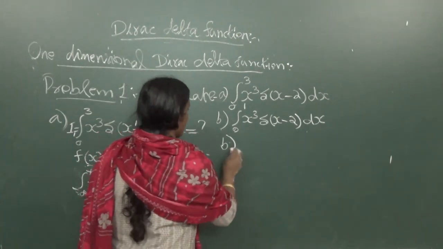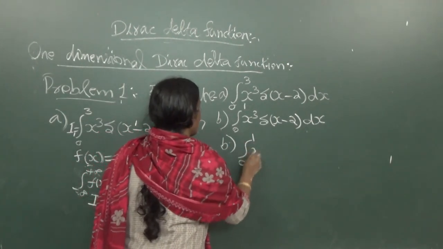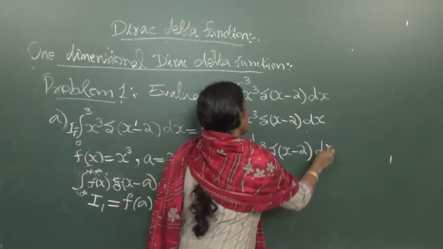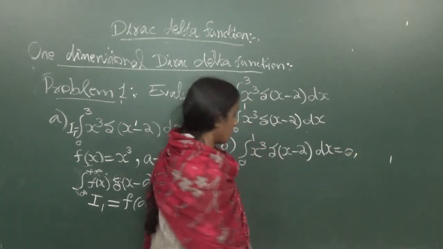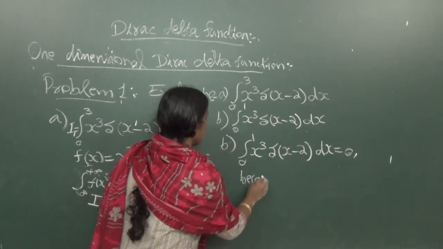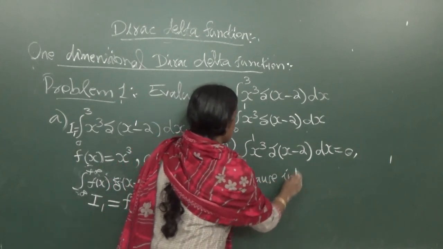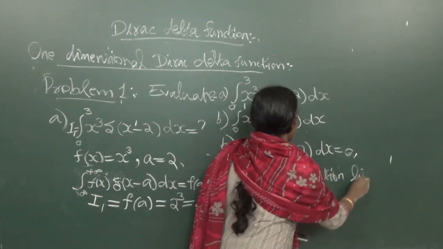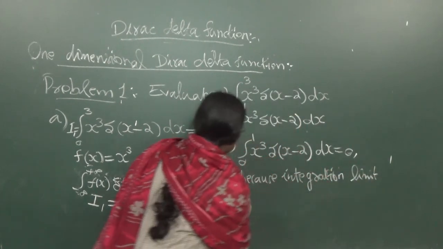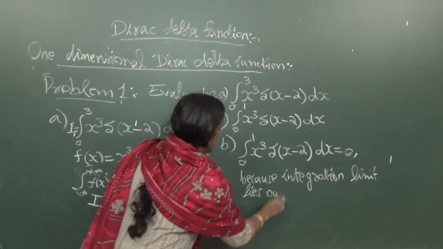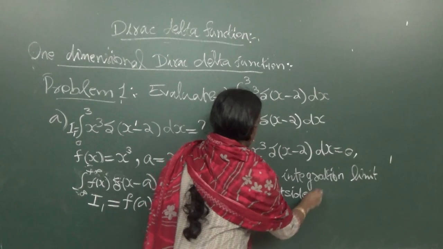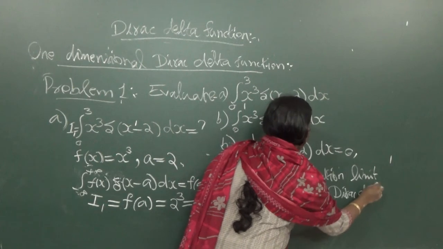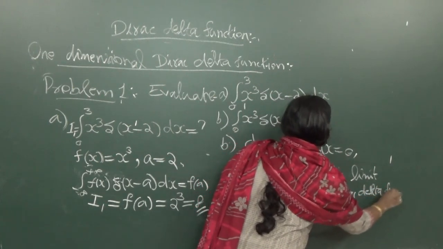In this context, for b, integral 0 to 1 x cube del of x minus 2 dx equal to 0 because the integration limit lies outside the Dirac delta function.